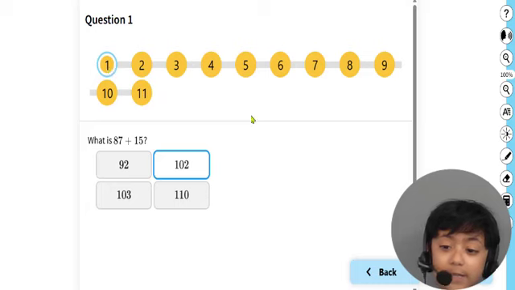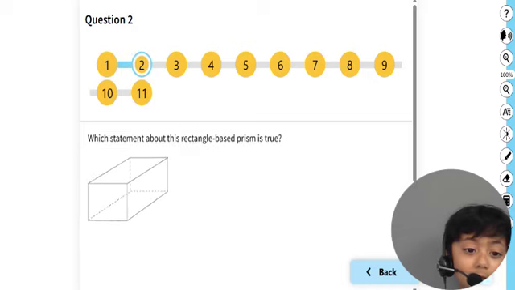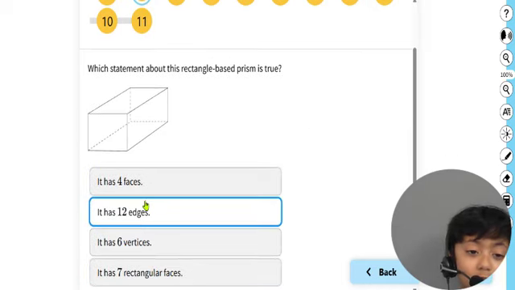Question 1, 87 plus 15. Let's see on the calculator again. Yes, it's 102. Let's see if it has 12 edges. It has 4 edges on the top, 4 edges on the bottom, and it also has 4 edges here, here, here, and here.